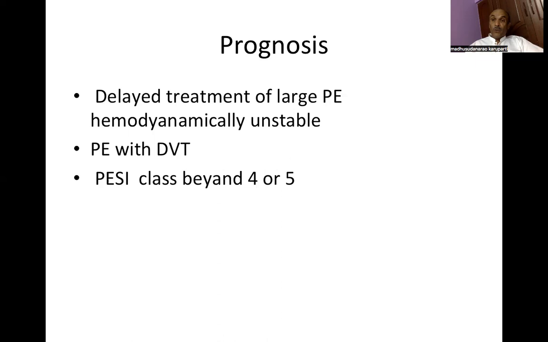Pulmonary embolism associated with the deep venous thrombosis is again a guarded prognosis. And pulmonary embolism severity index score.